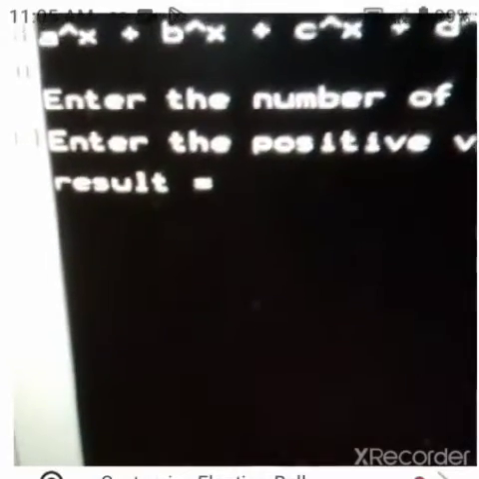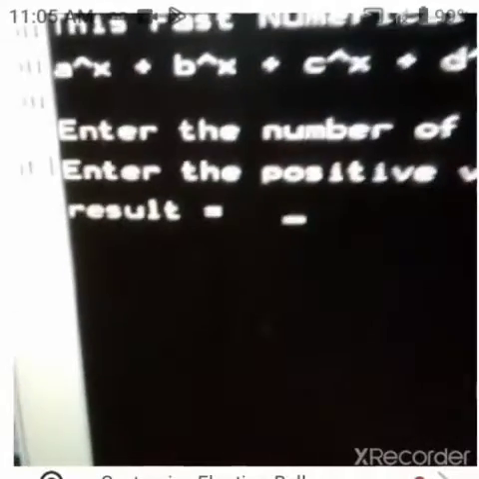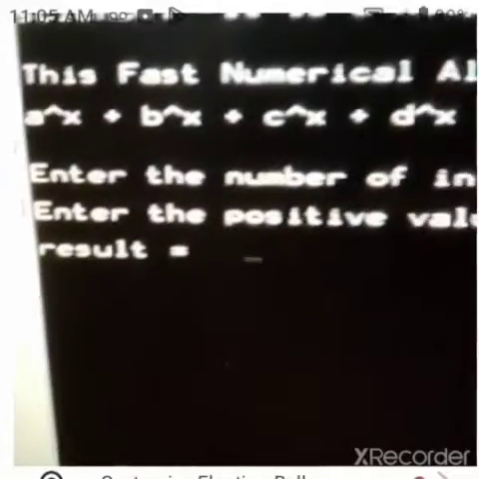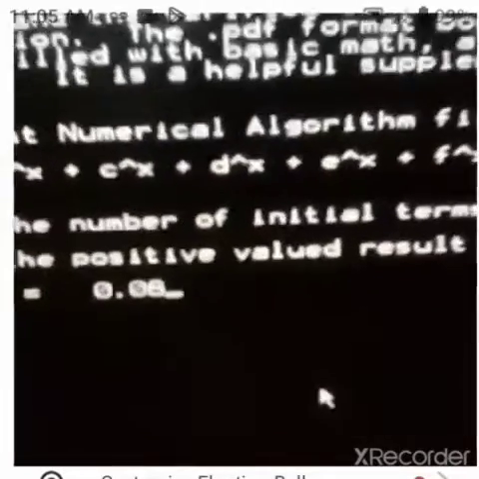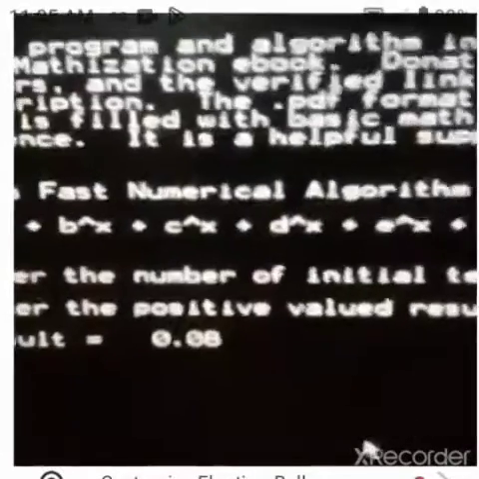Enter the positive valued result of the expression, or 0 to quit. So I know the result is, say, 0.08 something, I think an 8.